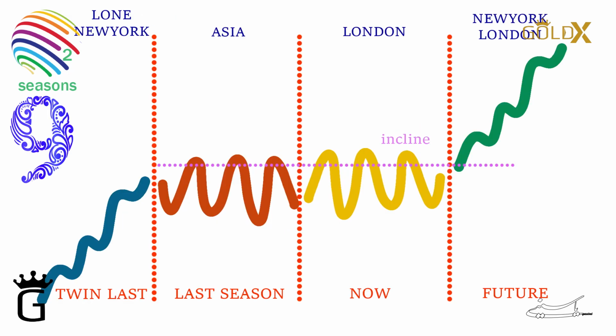Therefore, it may not always be possible to predict the movement by looking at the previous season, and it is necessary to look even earlier because the market is continuous.